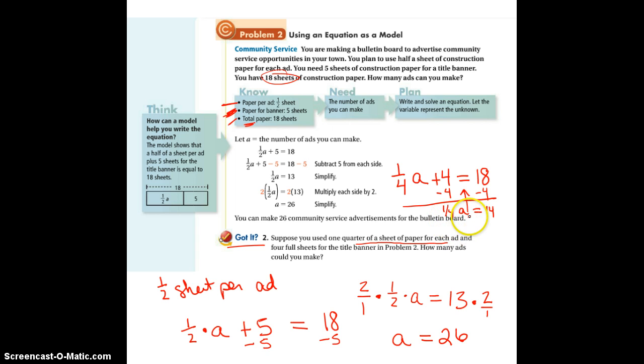And now you can either divide by 1/4, but it's the exact same thing as multiplying by 4 over 1. So if I multiply by 4 over 1, I find out that our total number of ads would be 56. We can have a total of 56 ads.